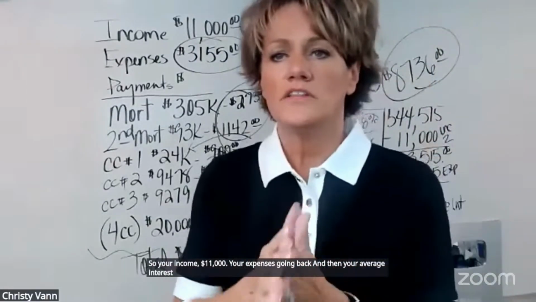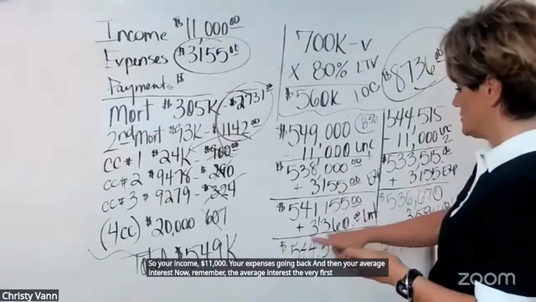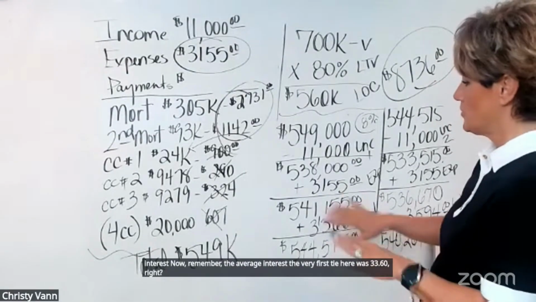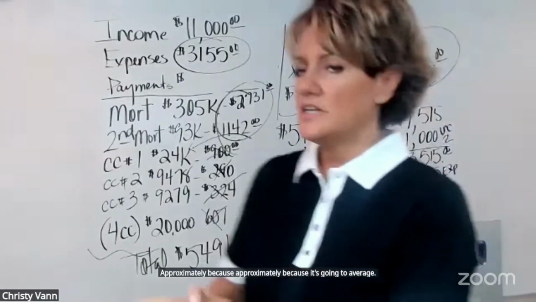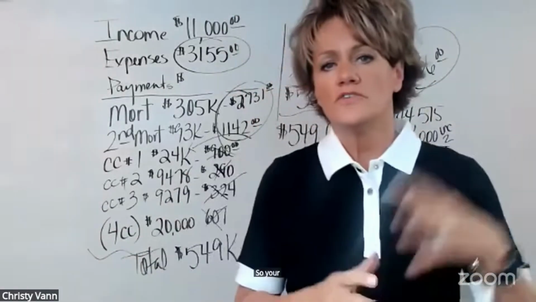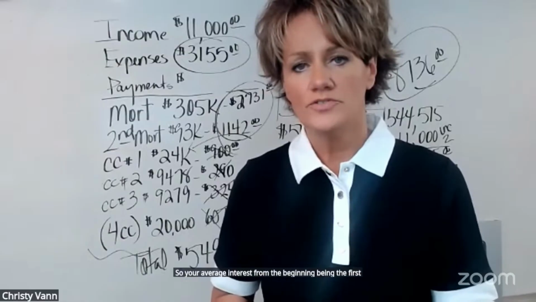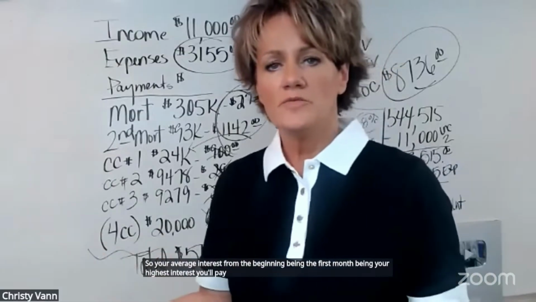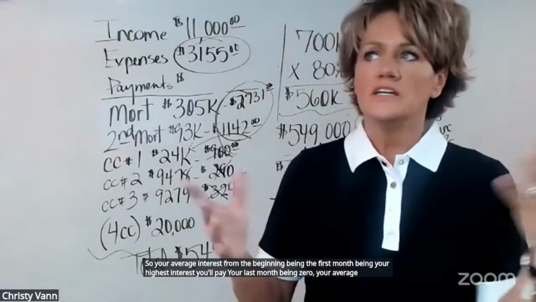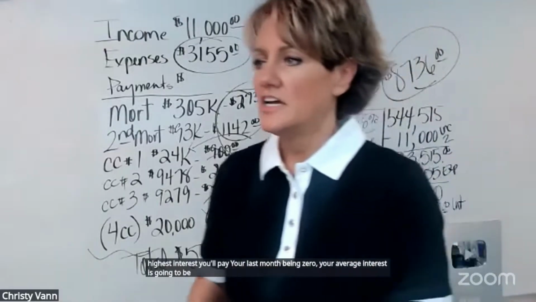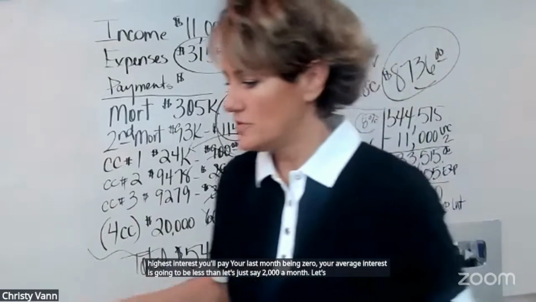Now remember, the very first high here was 33.60, approximately, because it's going to average. So your average interest, from the first month being your highest interest you'll pay to your last month being 0, is going to be less than, let's just say 2,000 a month. Let's just go really high and say 2,000 a month.